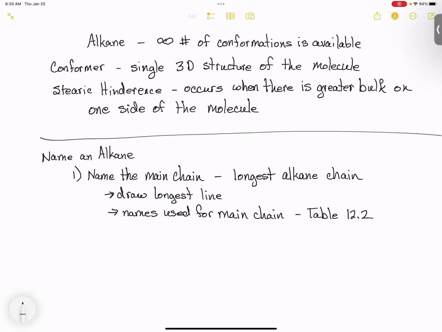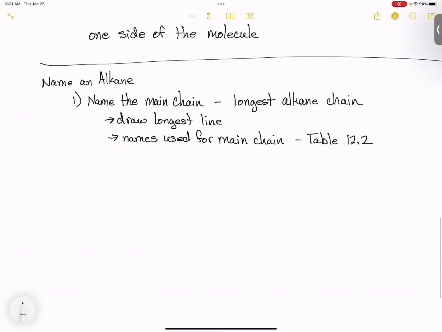I will not ask you to go past decane for now. So 1 carbon is called methane. 2 carbons is called ethane. 3 carbons is called propane. 4 carbons is called butane.